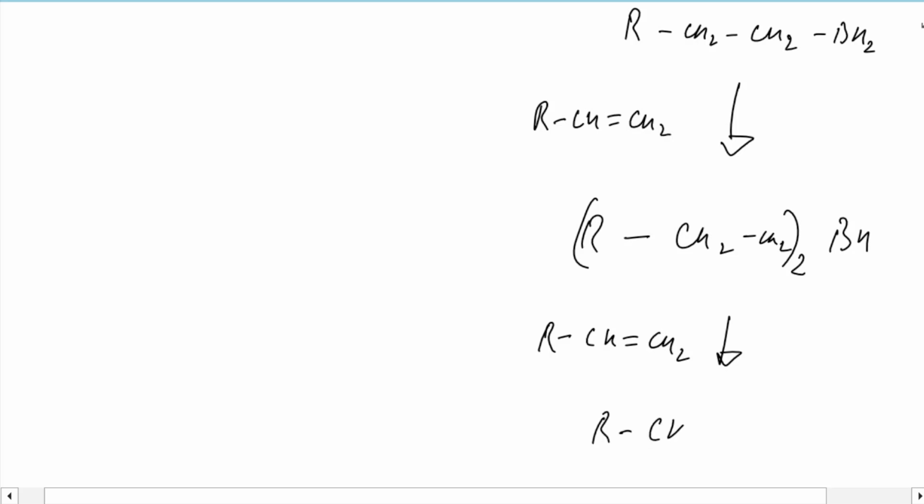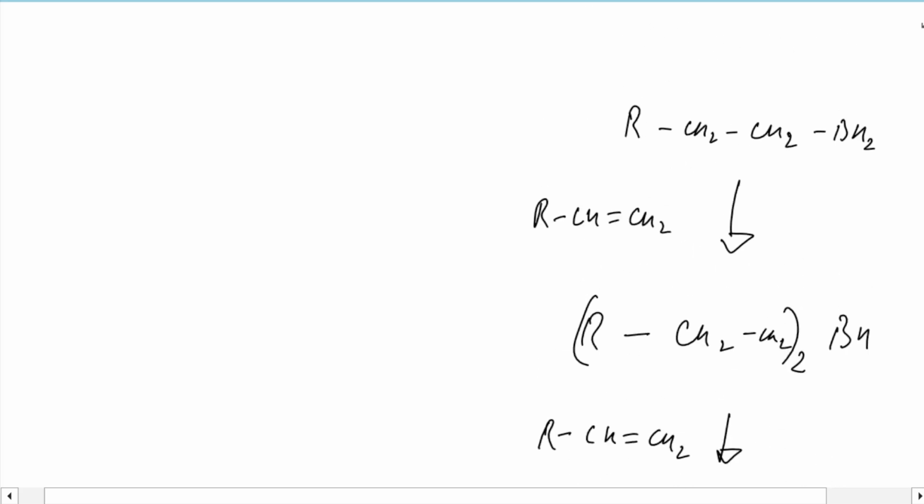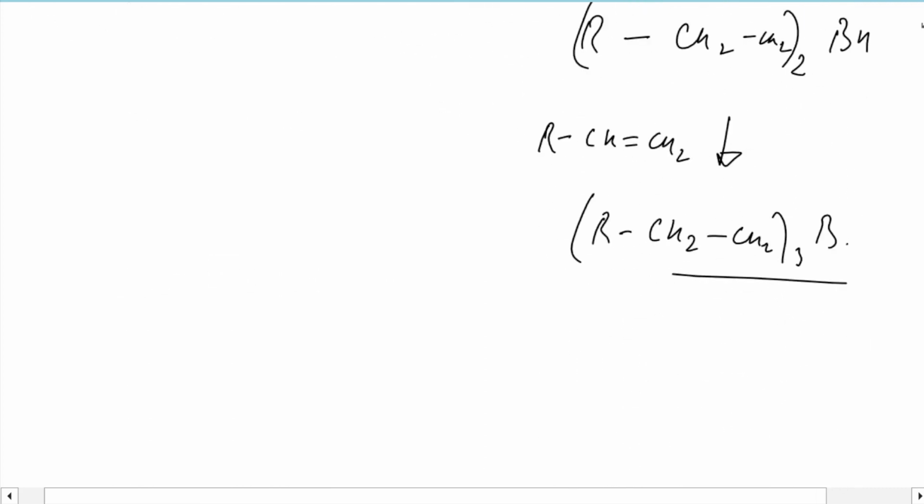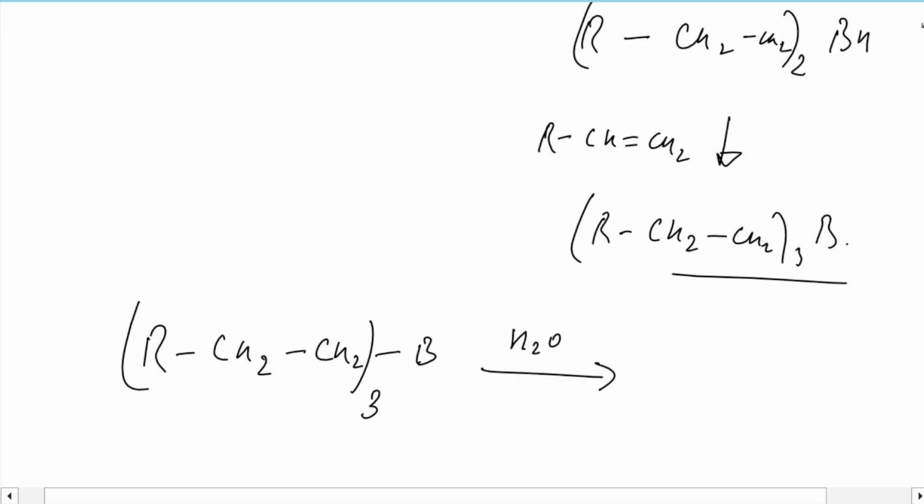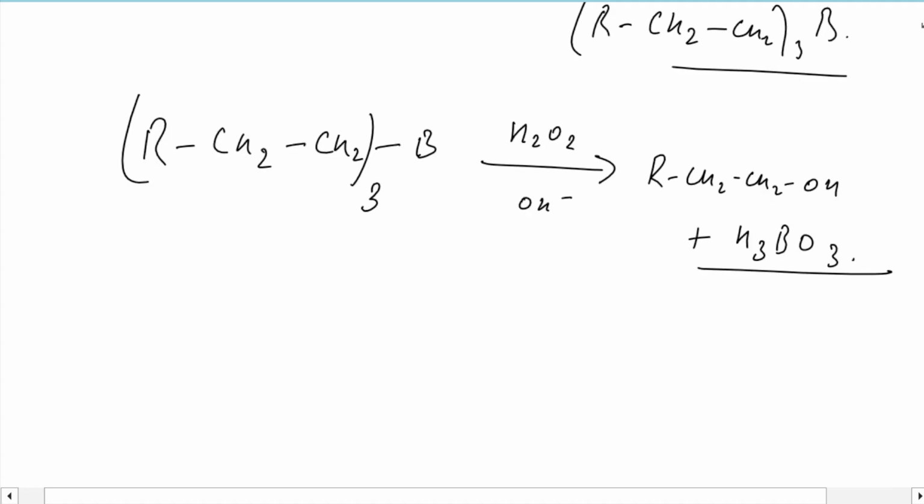Then it forms trialkyl borane, (RCH2CH2) all thrice B, trialkyl borane. So that's what is finally formed here. And this trialkyl borane will further react with H2O2 in the presence of OH negative, which will form RCH2CH2OH plus H3BO3. That's the final product.